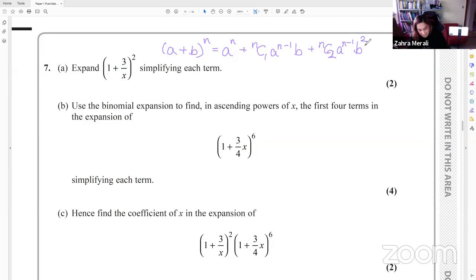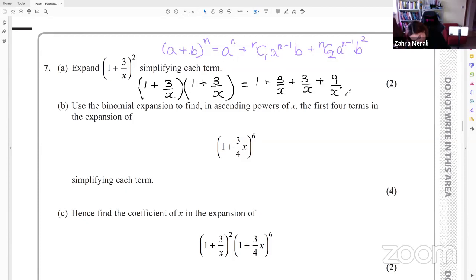For part A, it's just a squared value, which hopefully you know how to do even from GCSE. You know, squared means multiplying it by itself. So we've got 1 times 1, which is obviously 1. We've got 1 times 3 over x plus 3 over x plus 3 times 3 is 9 over x squared.